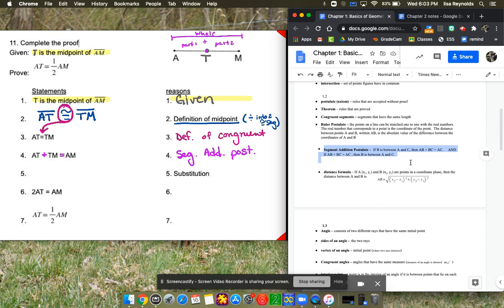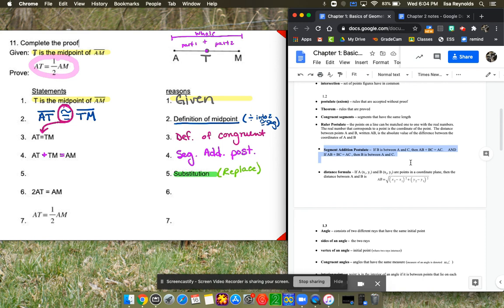In the next line, I am told specifically to use substitution. Substitution means that I am going to replace something in this calculation. So I have this addition problem and I need to replace something. And when I go to replace something, I want to keep in mind, what is it I'm trying to prove?